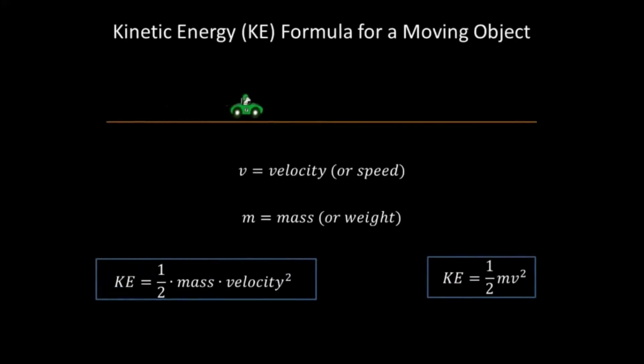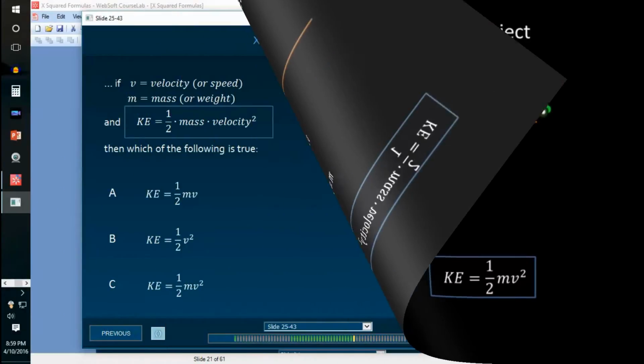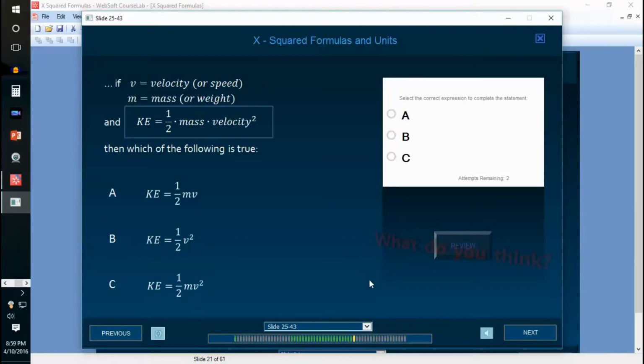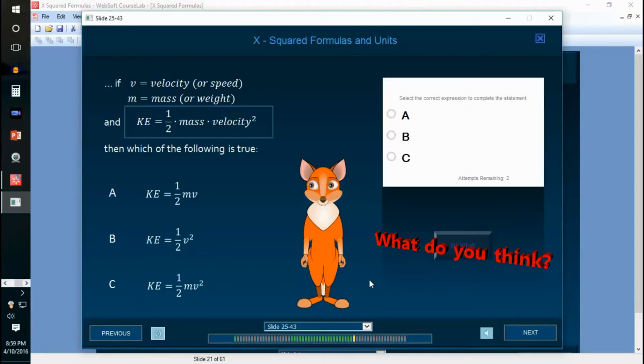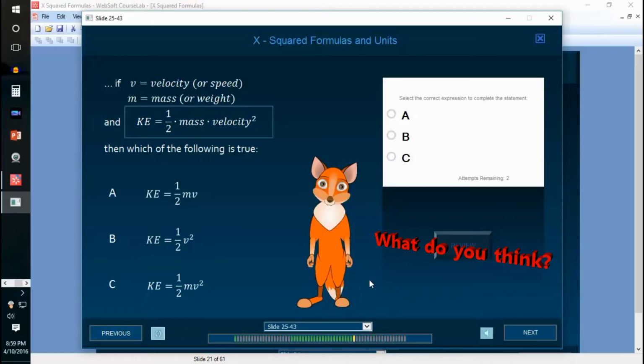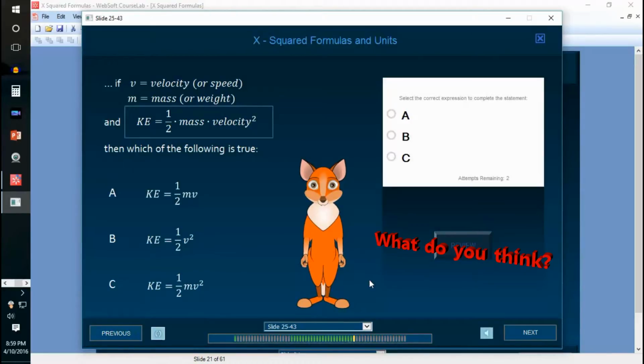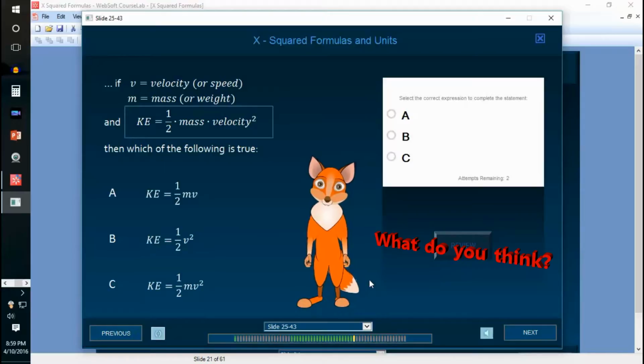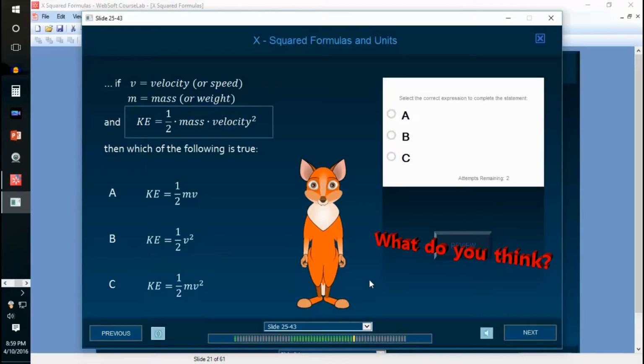The velocity and the mass determine the kinetic energy of a moving object. If v equals the velocity or speed and m equals the mass or weight of a moving object, and the kinetic energy equals 1/2 times the mass times the velocity squared, then which of the following formulas is true?